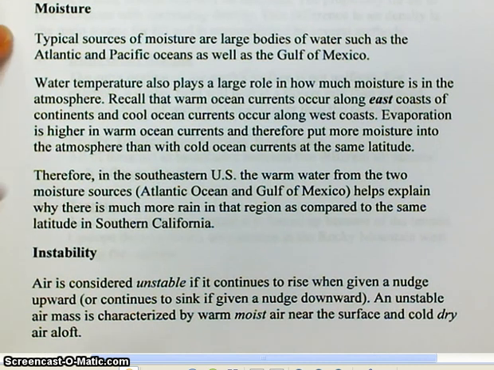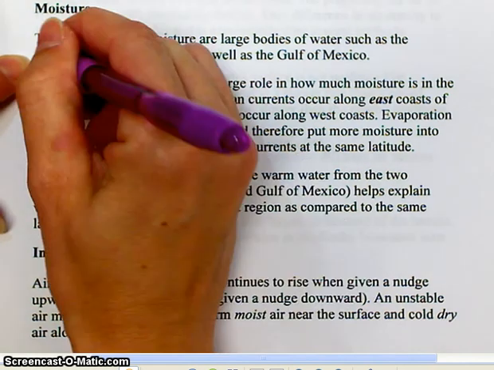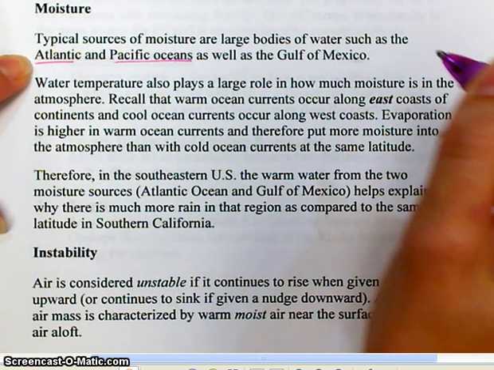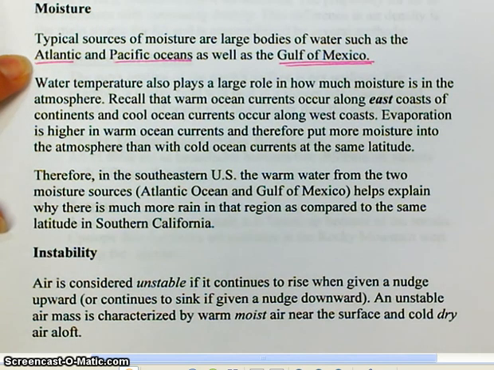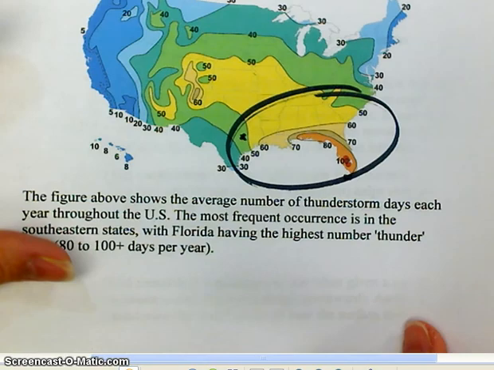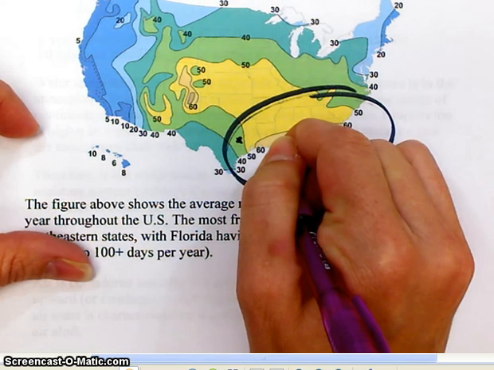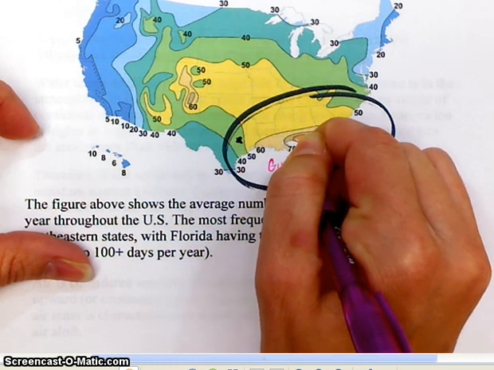First ingredient required for the formation of thunderstorms is moisture. All right. Typical sources of moisture are large bodies of water, such as the Atlantic and Pacific Oceans, and in our area of the country especially, the Gulf of Mexico. Please remember that the Gulf of Mexico is this body of water down here.